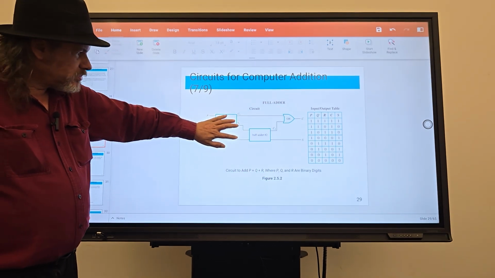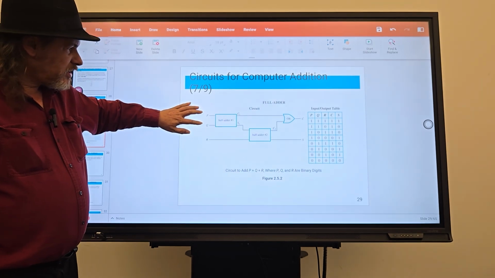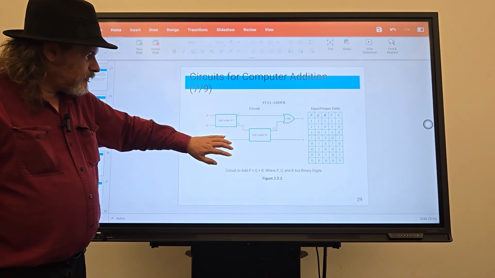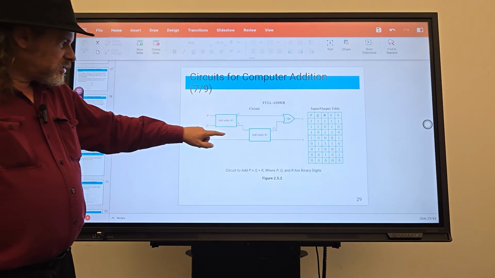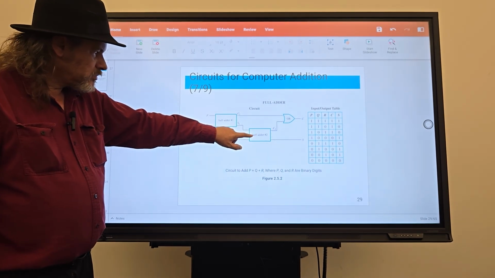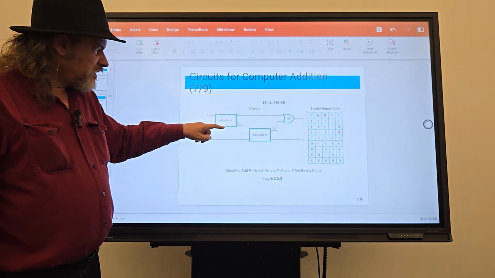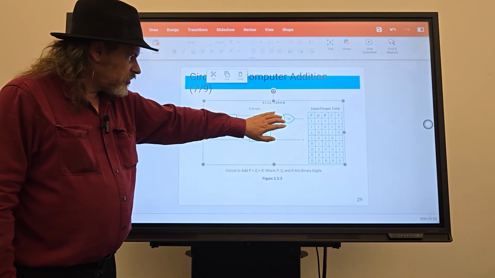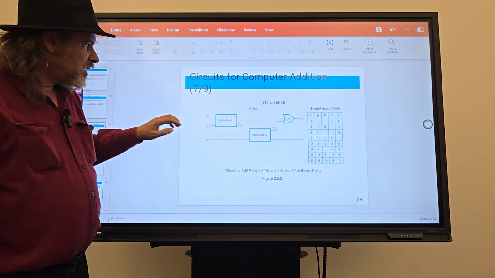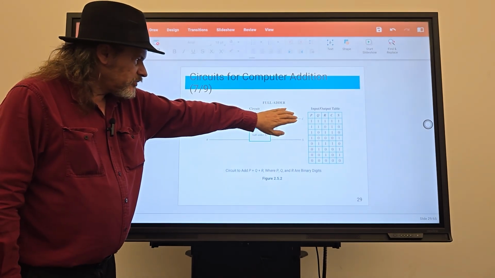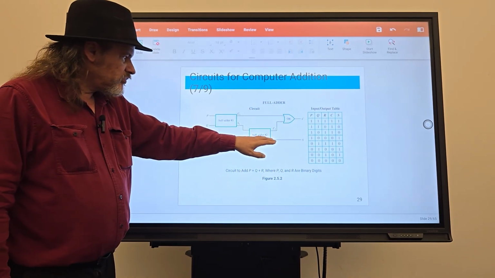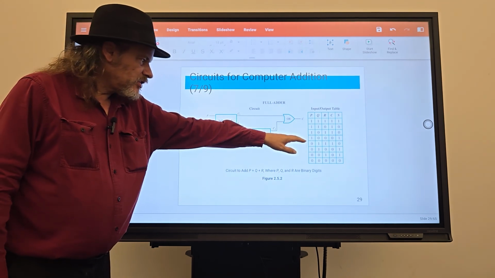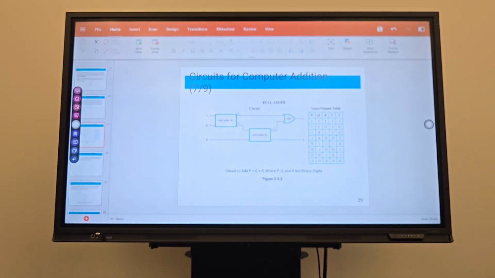The P and Q, the sum goes to the other half adder. The two carries go to the OR gate for the carry result, and the sum from the second half adder is the sum bit.